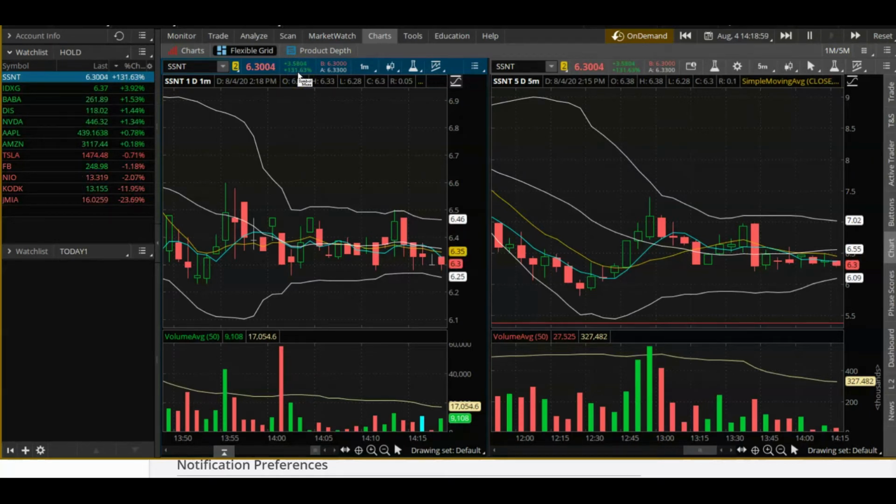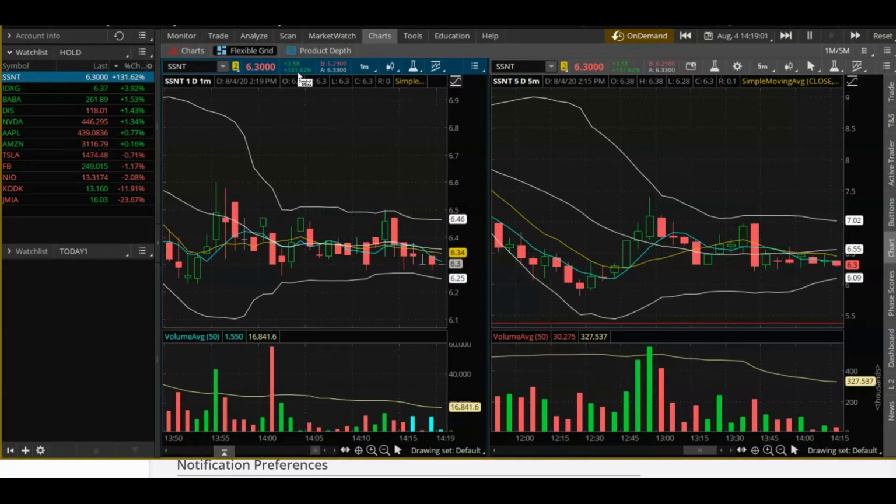And the reason why you want to trade stocks like this is because a lot of eyes are on it. A lot of traders are looking at it and trading it, and that tends to increase the momentum. So with increased momentum comes increased likelihood of an increased price action as well.